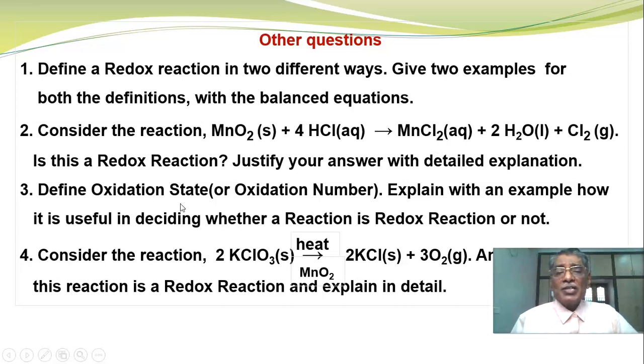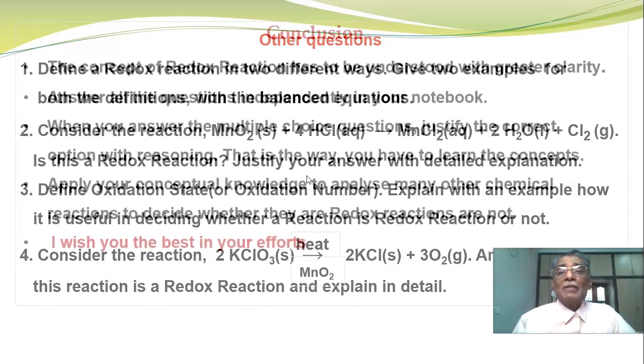Define oxidation state or oxidation number. Explain with an example how it is useful in deciding whether a reaction is a redox reaction or not. Question 4. Consider the reaction 2KClO3 solid upon heating in the presence of MnO2 catalyst gives 2KCl + 3O2. Analyze whether this reaction is a redox reaction and explain in detail.